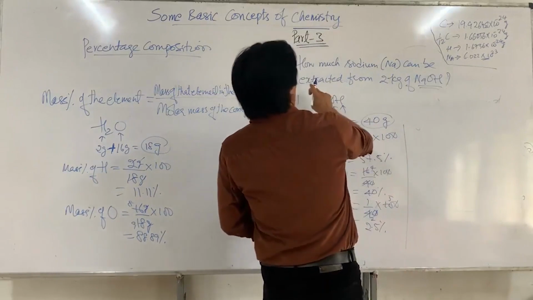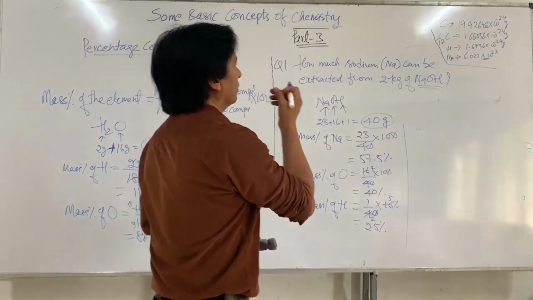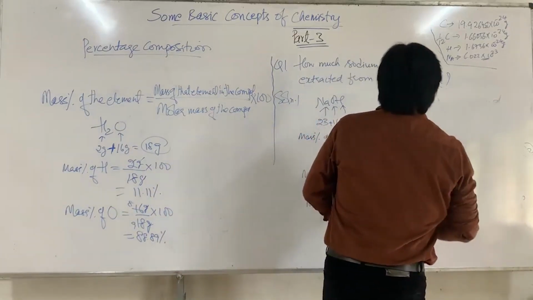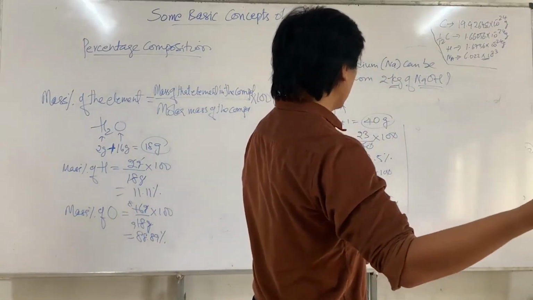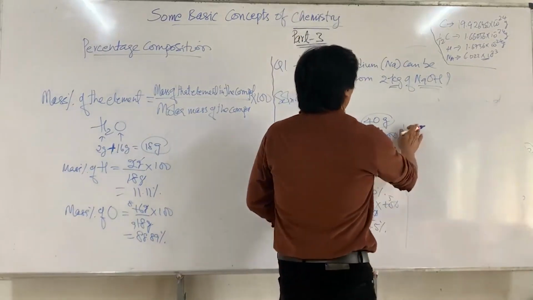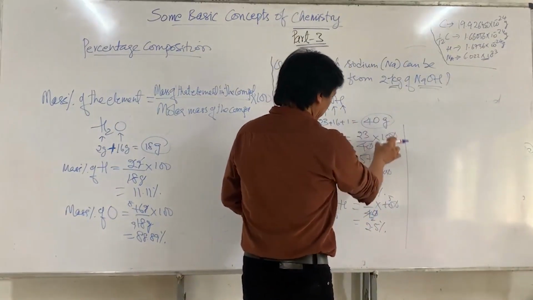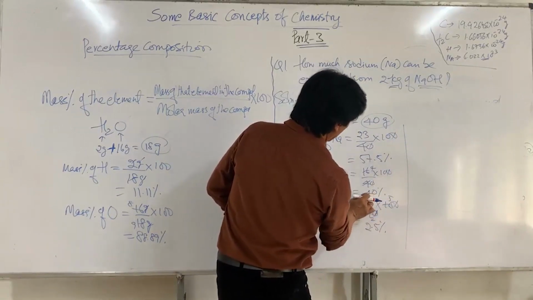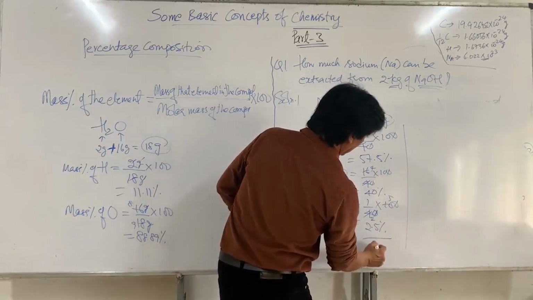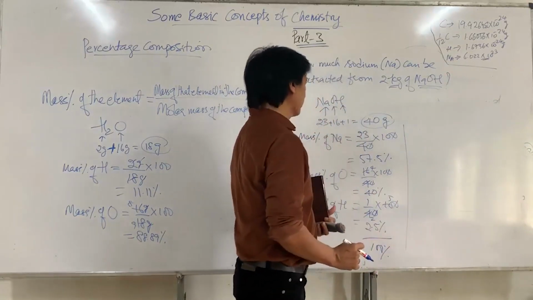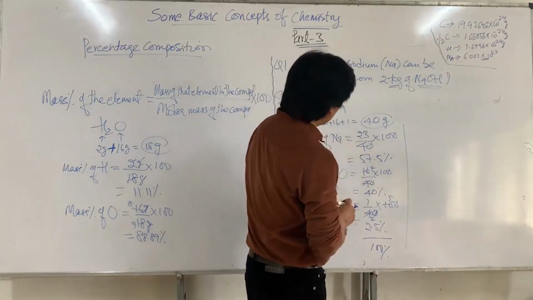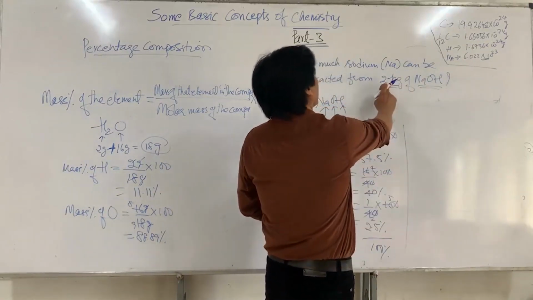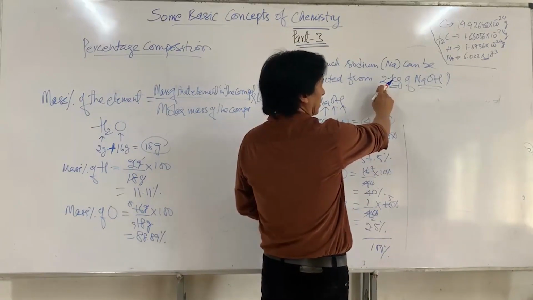So now the question is, how much sodium can be extracted from 2 kg of sodium hydroxide? Now this 2 kg of sodium hydroxide should be converted into grams. When you have 100 grams, the sum of these is 100%. So when you have 100 grams, the mass of sodium is 57.5%. And this 2 kg becomes 2000 grams, right?